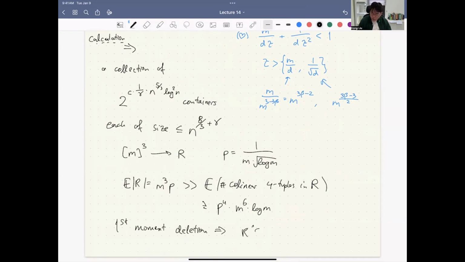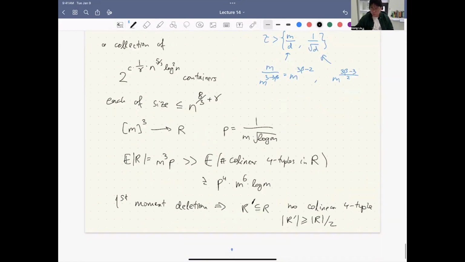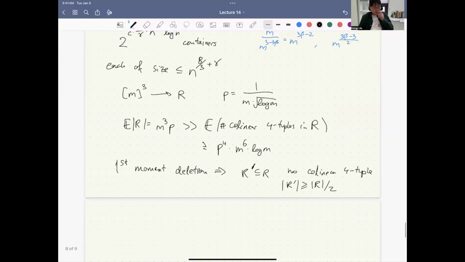you get R prime with no collinear 4 tuple, and R prime is at least R over 2. Finally, you just need to prove that alpha of R prime is at most m to the 5/3 plus gamma.